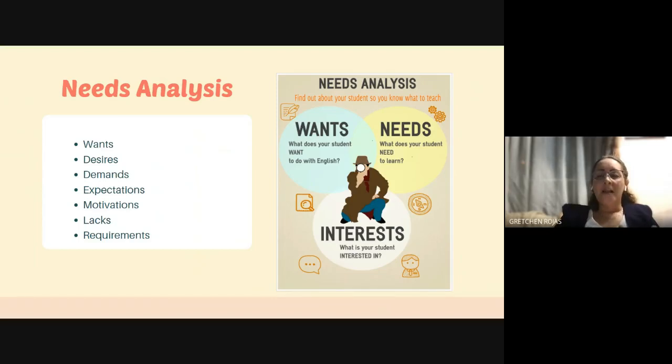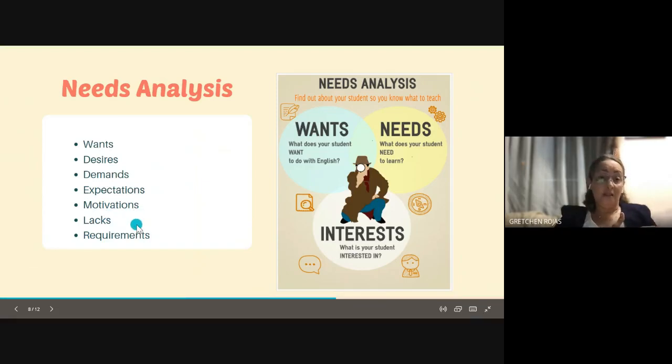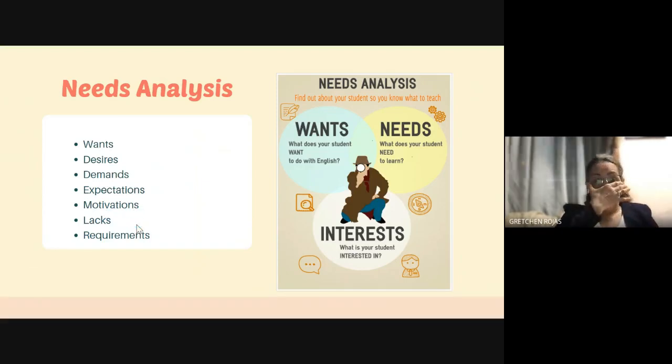But the needs are actually the desires, the expectations, what motivates the learner, what they lack, at the same time, because they also teach something that they don't know already, and some constraints and those requirements that they need in order to develop.